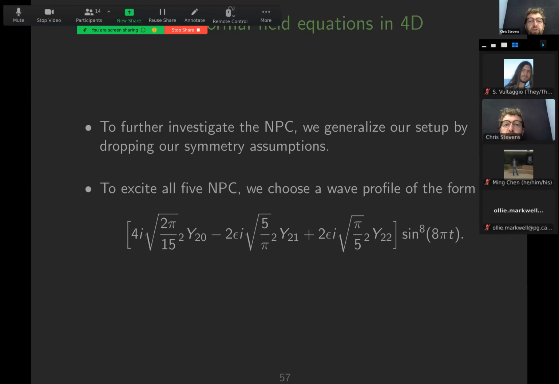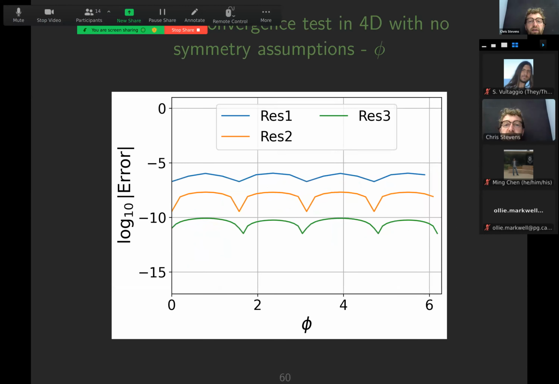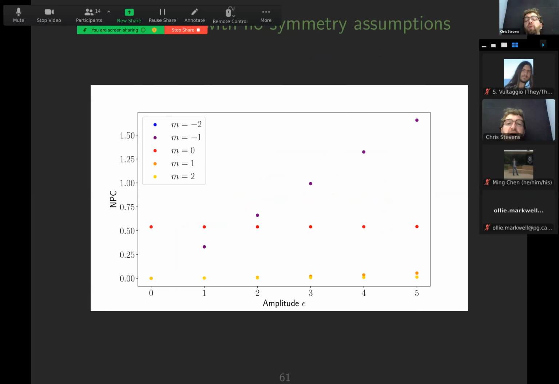Let me just say, the last one here is Alex also did a fully 4-dimensional, I can't emphasize enough how cool this is. We have done no symmetry assumptions, no linearizations, it's no assumptions at all in full 4 dimensions. So we've put in a gravitational wave, the black hole's wobbled, and we read these out at infinity.